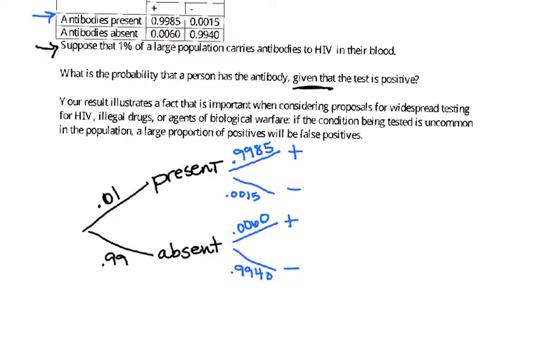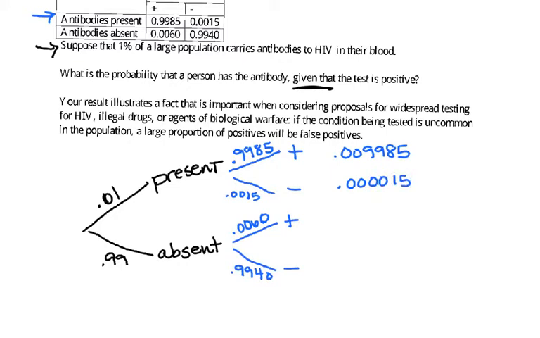And then remember what we do with tree diagrams is we just multiply straight across. So we multiply 0.01 times 0.9985, and we get 0.009985. We multiply 0.01 times 0.0015, and we get 0.000015.